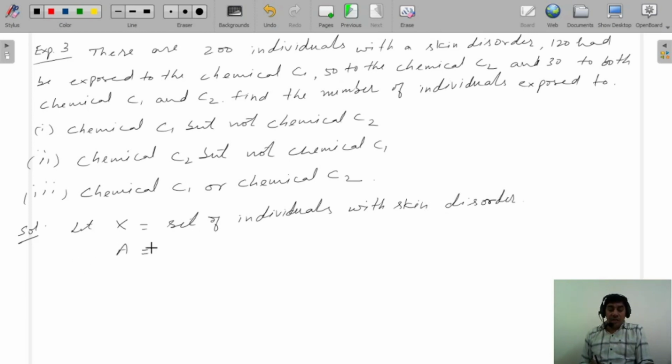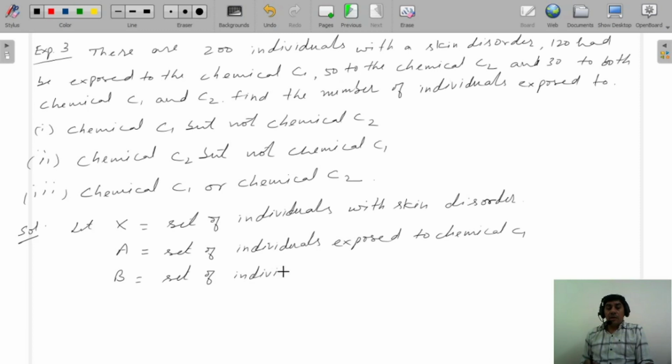A is equal to the set of individuals exposed to chemical C1. B is equal to the set of individuals exposed to chemical C2.